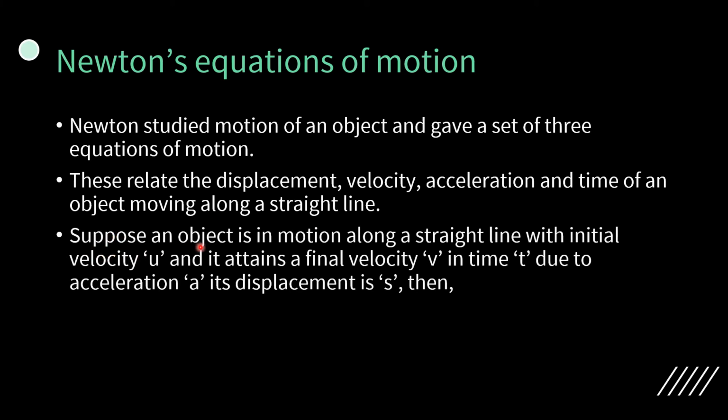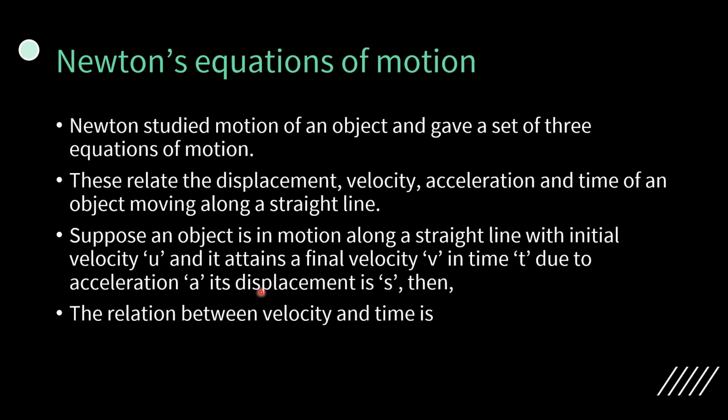Suppose an object is in motion along a straight line with initial velocity u and it attains a final velocity v in the time t due to acceleration a, and its displacement is taken as s. Then the relation between velocity and time is given by the equation v = u + at.